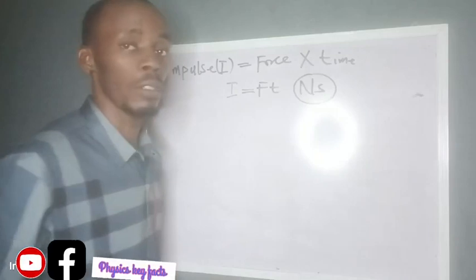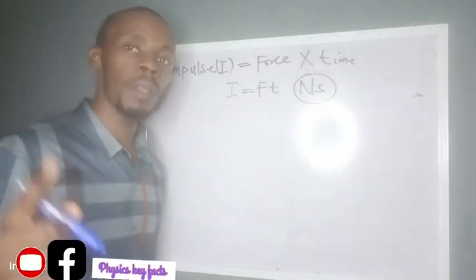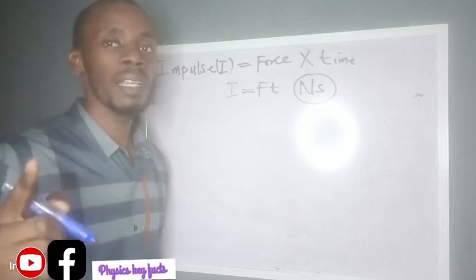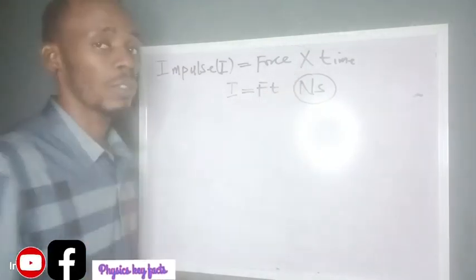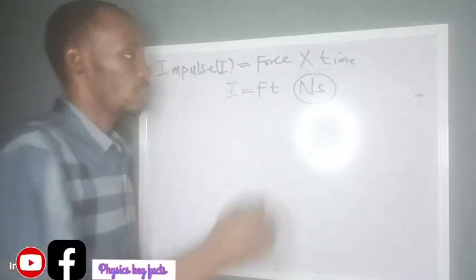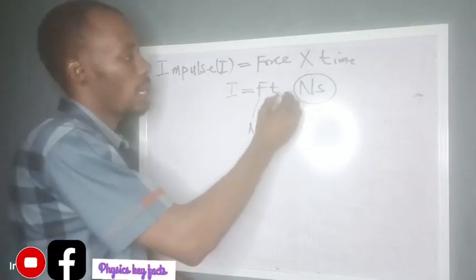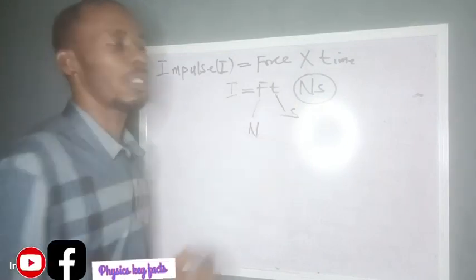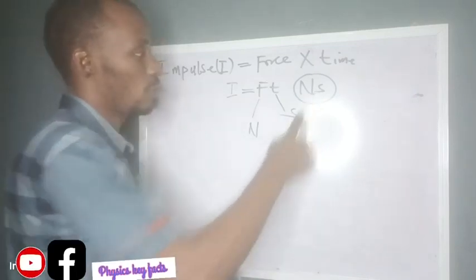So whenever we solve a problem and we arrive at an answer, the unit we attach to our answer is Newton second. How did we get Newton second? It is simply that force is measured in Newton and time is measured in second. And we merge those two together and we have Newton seconds.